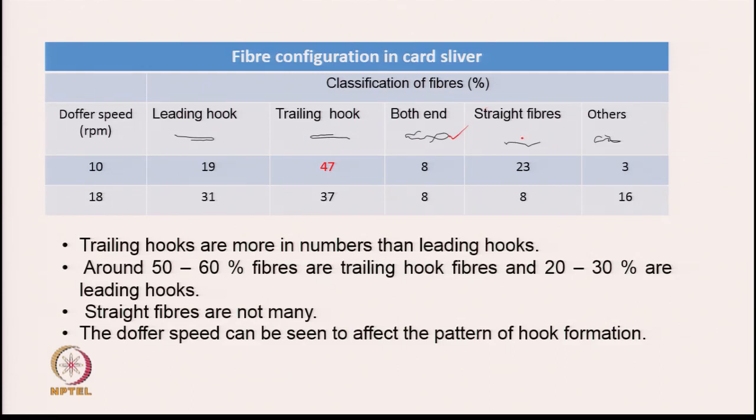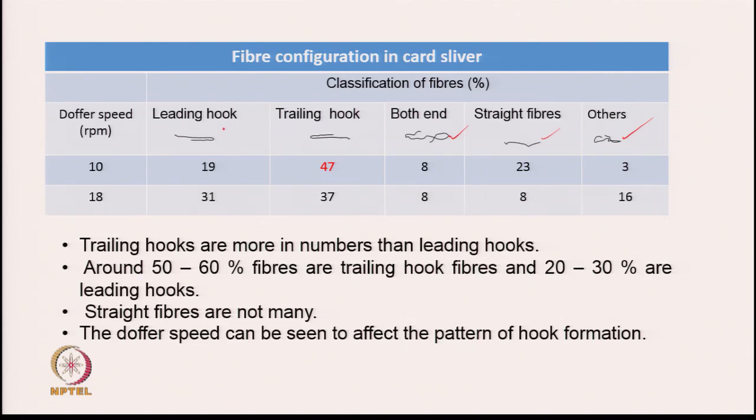Then there are fibers, some of them are straight, we call them straight fibers, and there are fibers which do not fall into these categories, and therefore, we put them into another separate category called others.